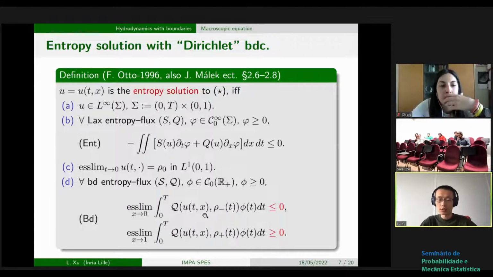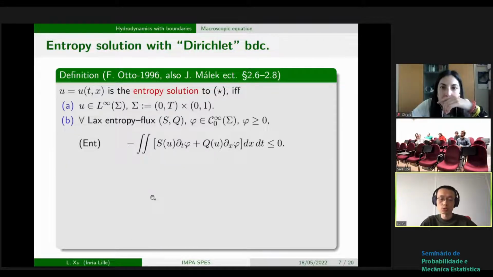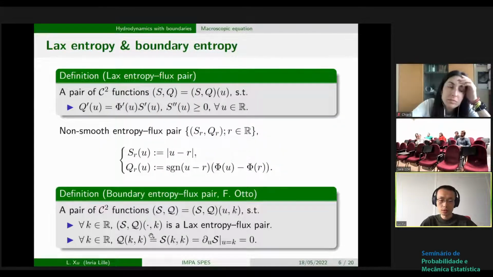It means that if I have a solution which is continuous at the boundary, then the limit as x goes to 0 of this u should equal the boundary data, which is rho minus. And the reason I'm introducing this boundary entropy is that if these two variables are equal, this should vanish.